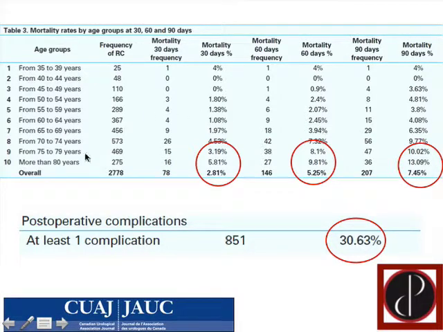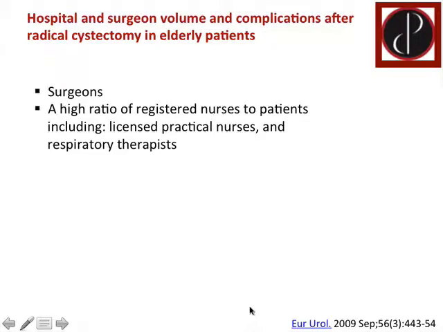And in the group of patients more than 80 years old, the mortality rate was 5.8%. It increased to 13%. So they had 1 out of 7 of their cystectomy deaths if the patient was more than the age of 80. And the complication rate was 30% as it is a retrospective trial.